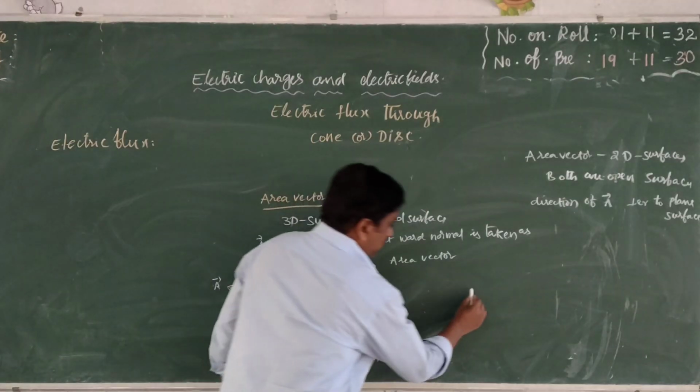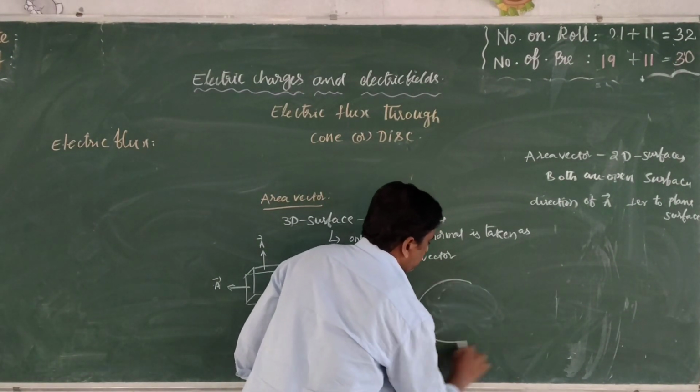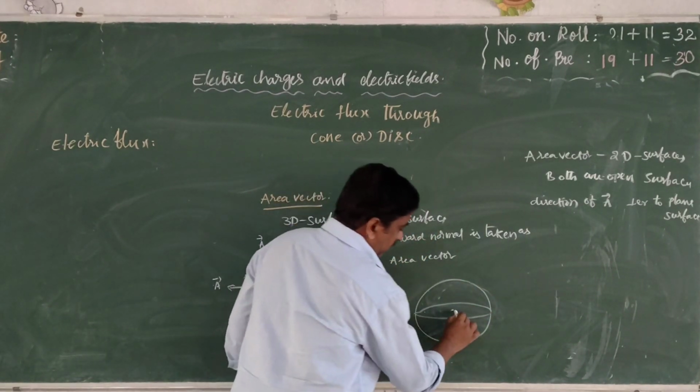For example, take a sphere. It is a 3D surface, it's closed. Here this is the center, and this is the radius.